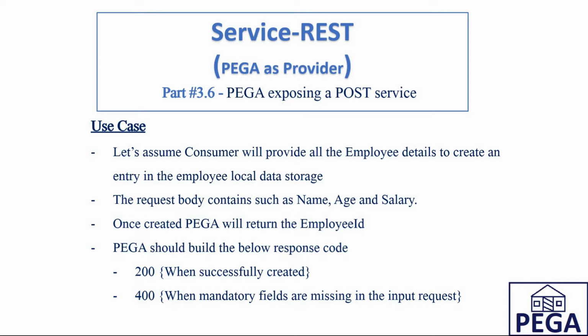Over here I expect the consumer to pass name, age and salary. If they are not passing any of these fields, then I'm going to respond back with a 400 error along with a message. And the final one is 500: when for some reason PEGA fails to process the request, we are going to respond back with a 500 error message to the consumer.